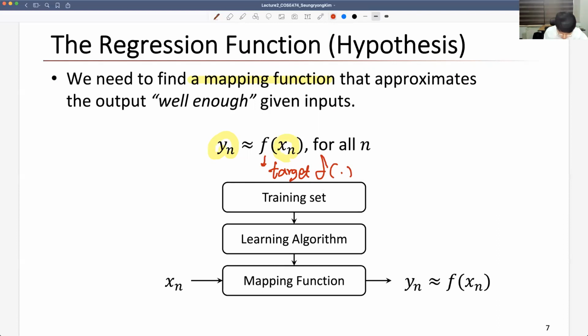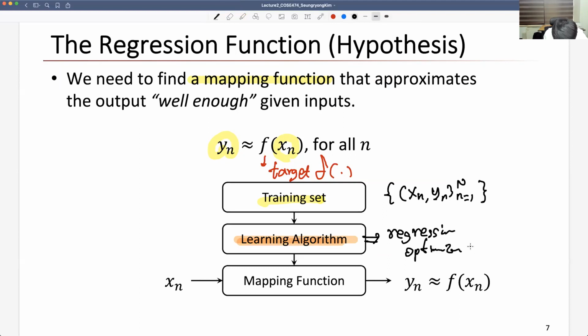So here is the general procedure of linear regression. From the training set, xn, yn, for n equal to 1 to N, we want to find the learning algorithm, the regression optimization, which we will discuss later.